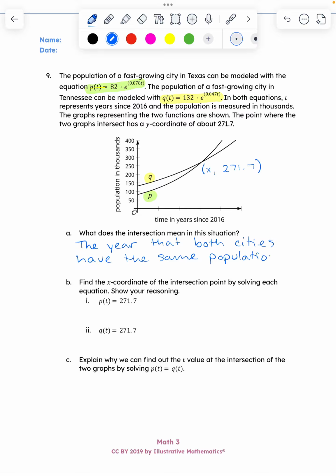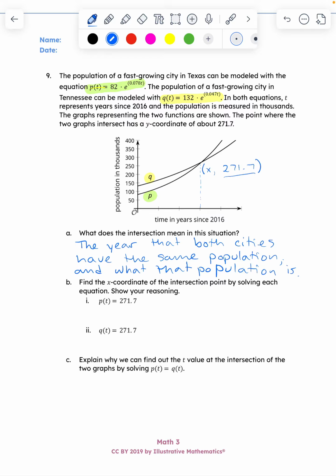And if we're being really specific, we want to say the year after 2016 that the two cities have the same population, and what that population is. So at some point before or after 2016, roughly this many years, both cities at the exact same time had a population of 271.7 thousand.